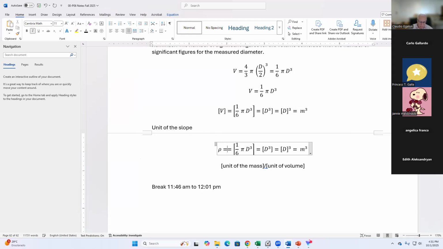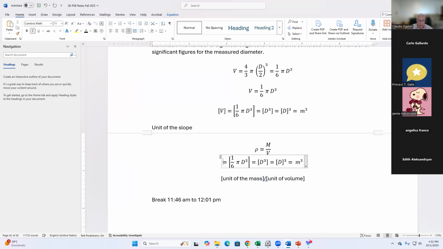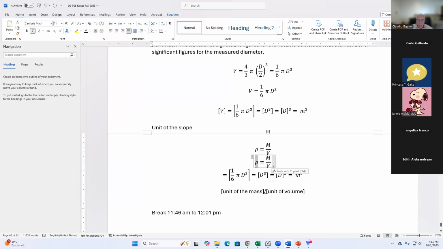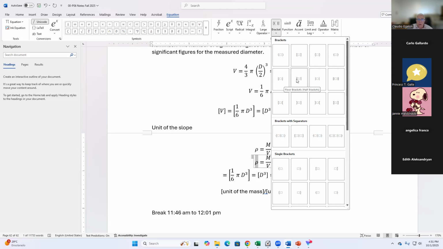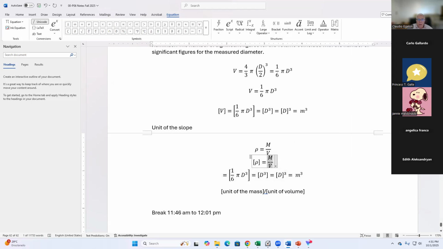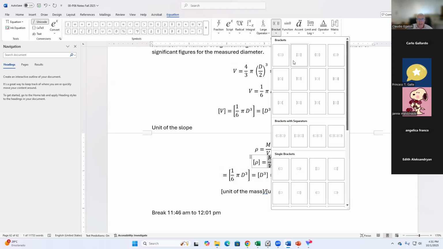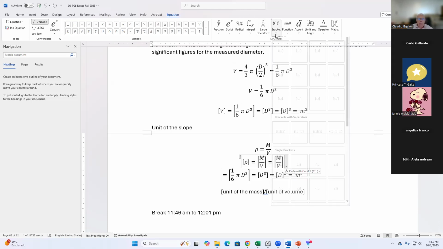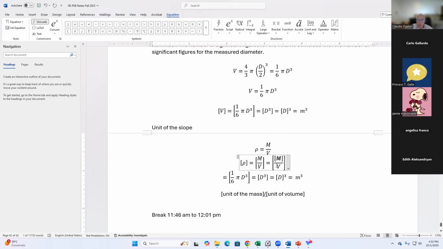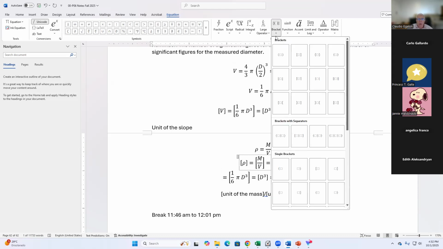The slope is the mass over the volume, and the unit of the slope is the unit of the mass divided by the unit of the volume.